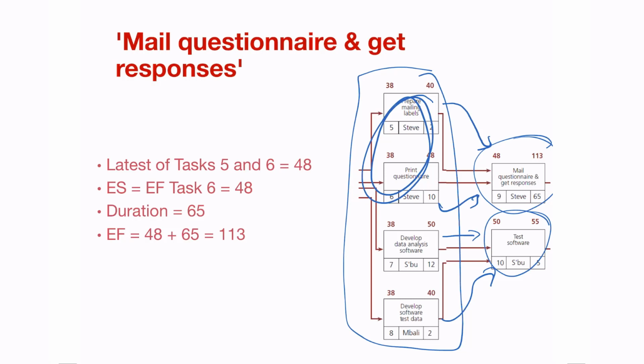It can only start once the longest one is complete. So in this case, it is task number 6, which is 48. And task number 10 can only start when both of them are complete, and that is on day 50. So it can only start on day 50.